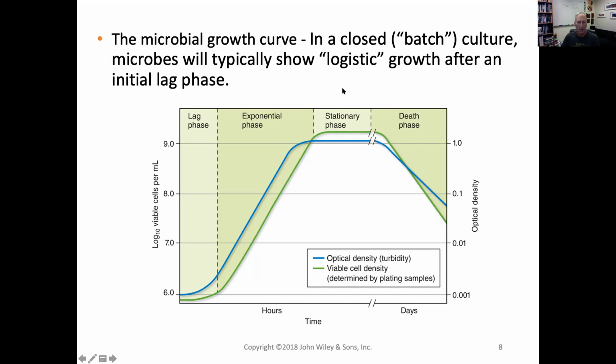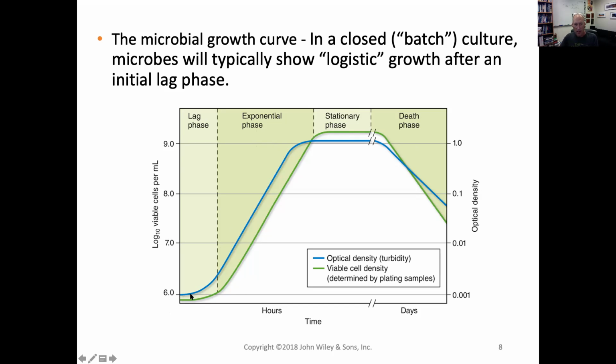Right. So essentially, we get what's called logistic growth, which is that during the exponential phase, one cell divides into 2 cells. Those 2 cells then divide into 4 cells. Those 4 cells divide into 8 cells. Okay. So if you were plotting this on a linear scale, you would have an upward sloping curve, right?